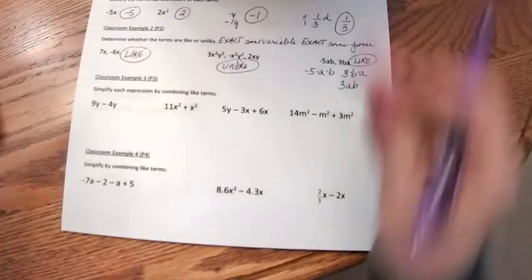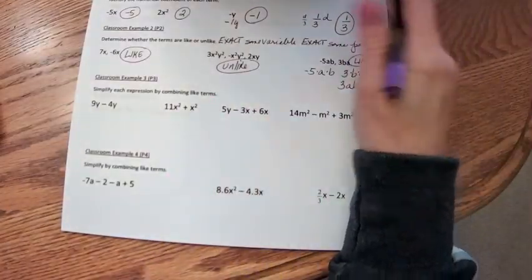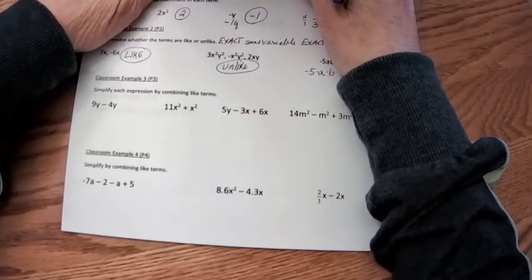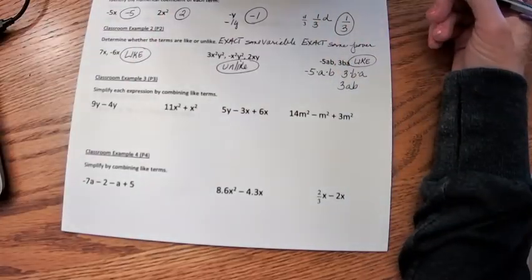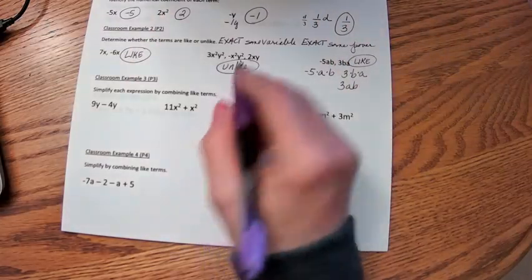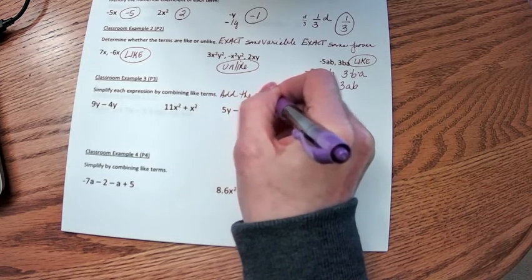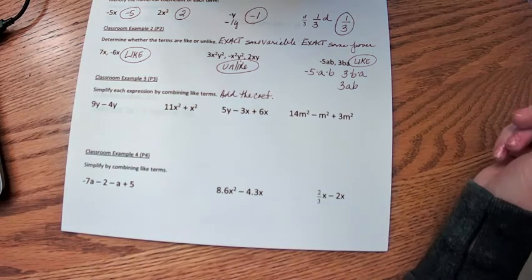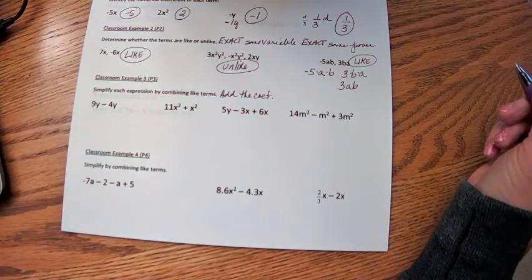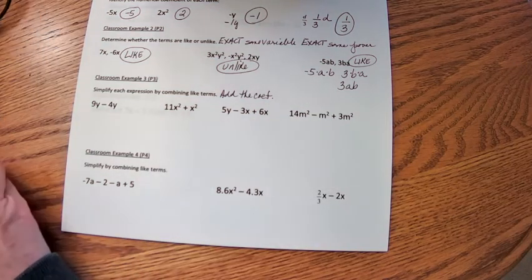Now the reason it's important to be able to detect like terms is because the way we're going to simplify our expression is we're going to combine like terms. The way you combine like terms is you add the numerical coefficients.